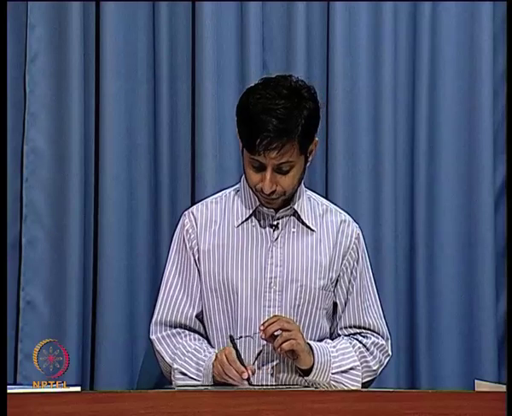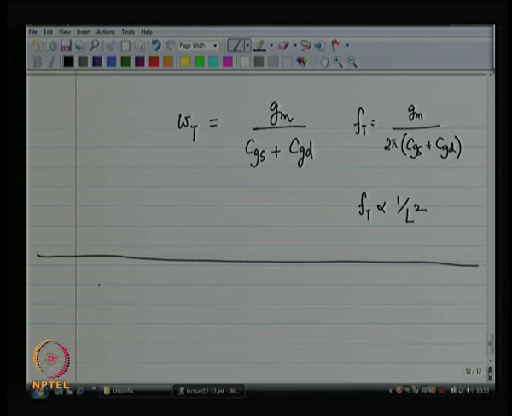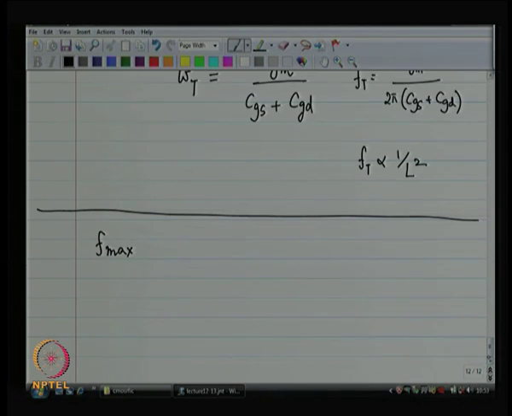The next important metric is called FMAX. FMAX is the maximum frequency at which the power gain of the MOSFET is equal to 1.